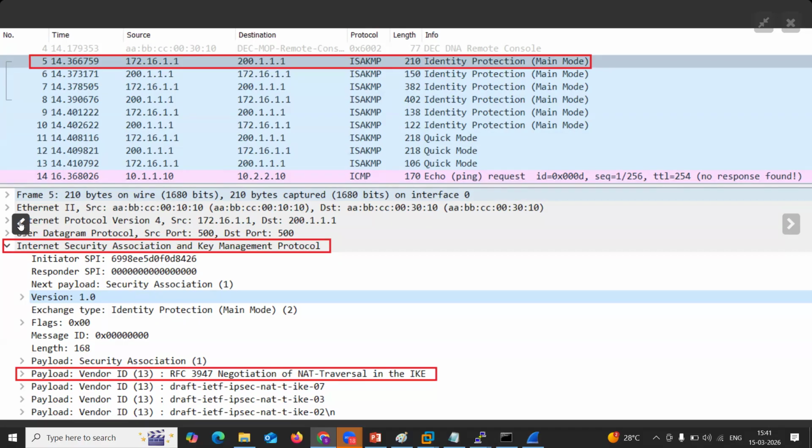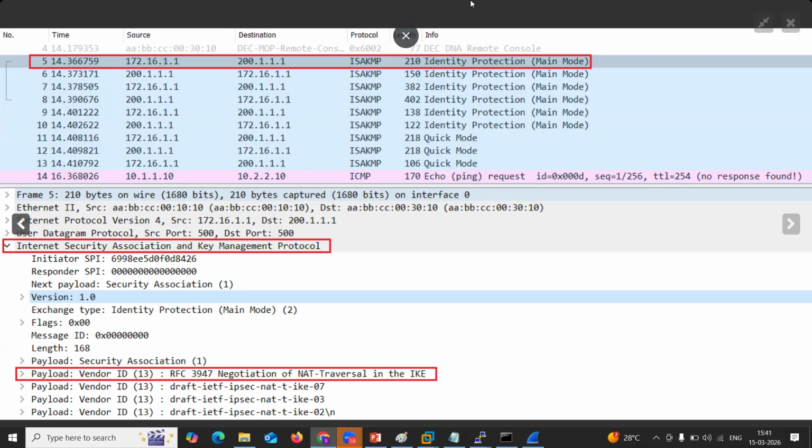On phase one we have many modes, like aggressive mode, and on phase two we have quick mode. But when we are seeing the capture of ISAKMP, I see main mode and quick mode. It seems we have two phases here, but why does the protocol appear as just ISAKMP on quick mode? That is my question.